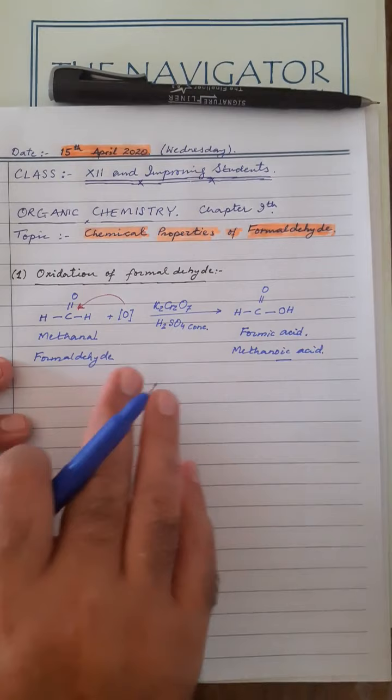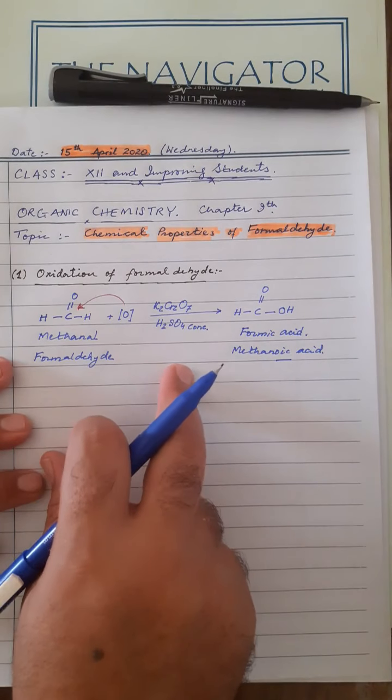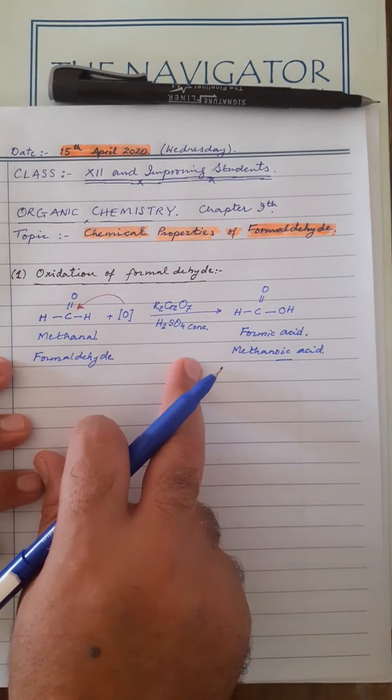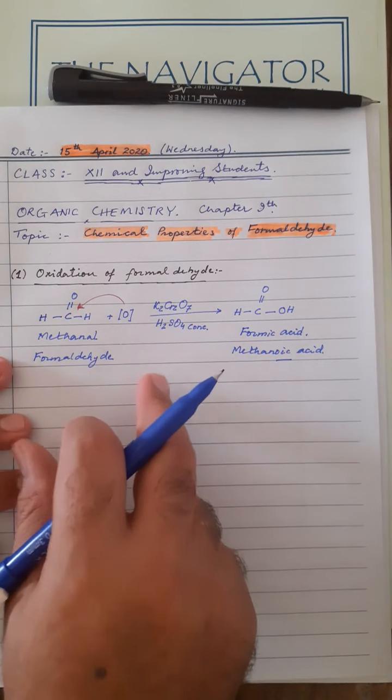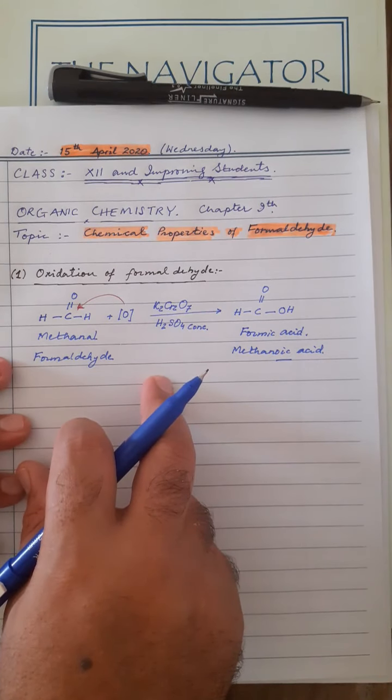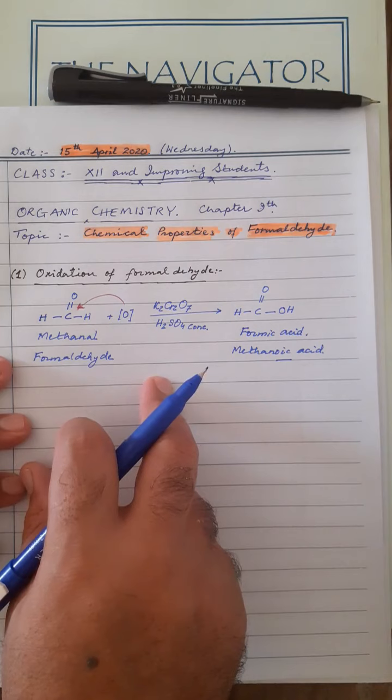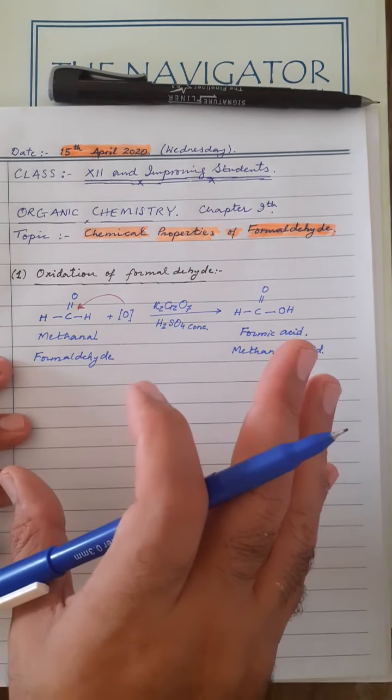So this reaction you should all remember and you should be able to do, because it is a very common reaction for examination. As I told you earlier, it's a convert reaction.